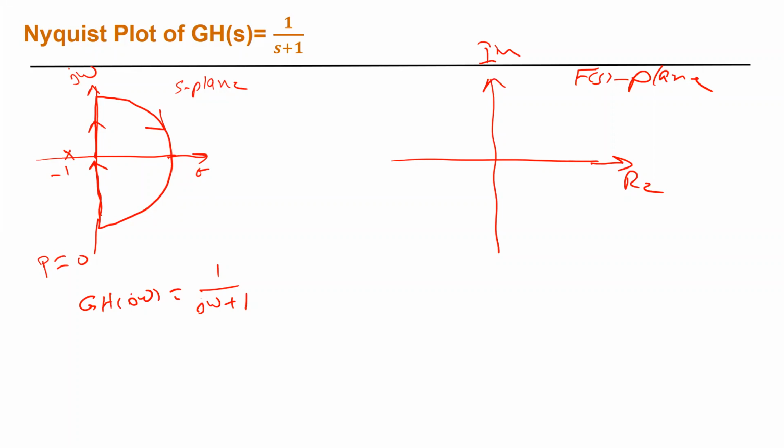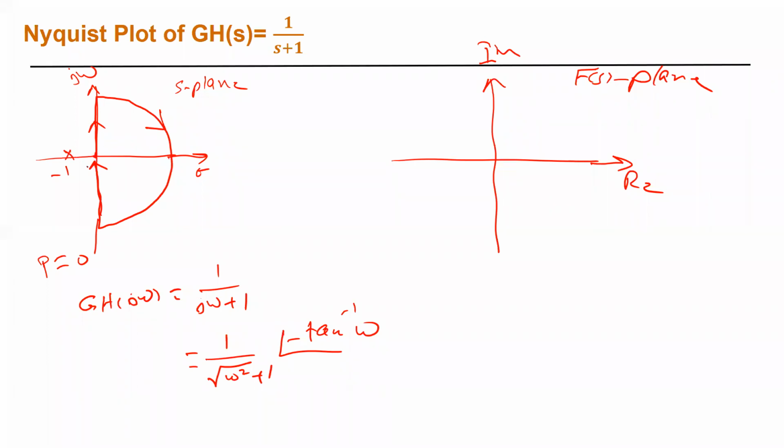What will be the magnitude? 1 over the square root of omega squared plus 1. The angle, the phase, is minus tan inverse omega. Okay, so let me start with this point.